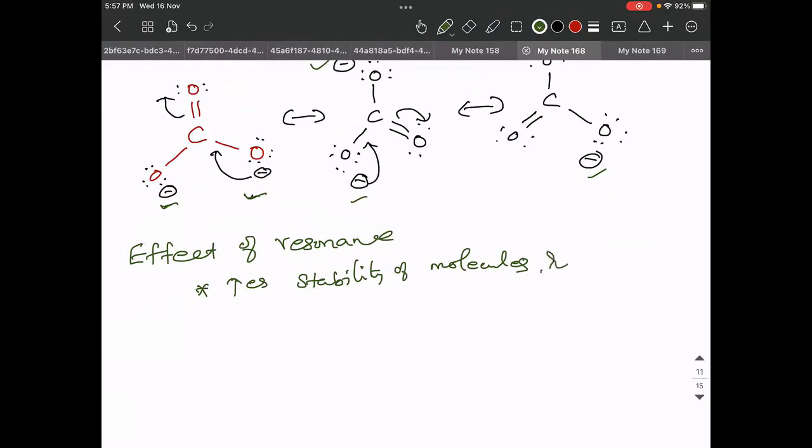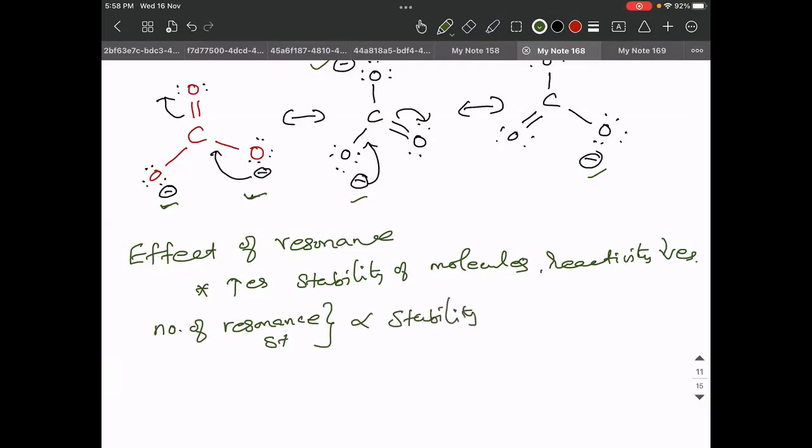The number of resonance structures is directly proportional to stability. Once the number of resonance structures increases, stability increases, and then the reactivity automatically decreases.